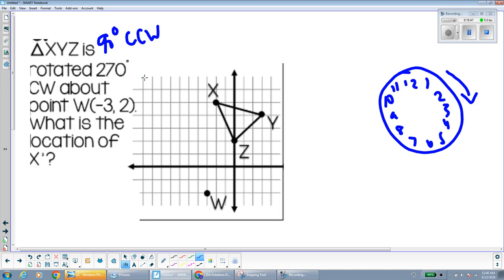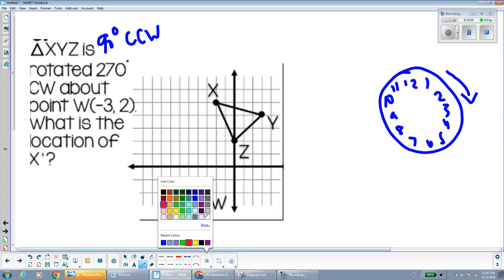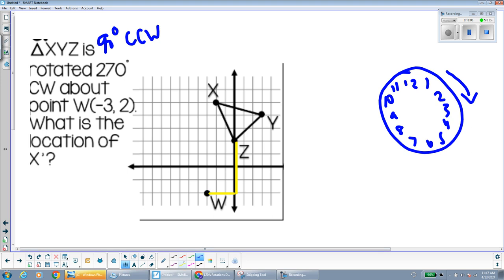So we are going to get started on that one. What I'm going to do is just connect from point Z to the center of rotation here. And I am rotating 90 degrees counterclockwise. So the L is going to look like this.